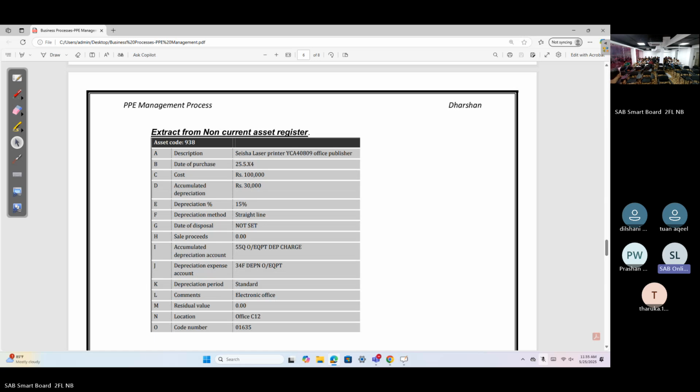Code number. Likewise, all the information related to the fixed asset must be included in the FAR. Okay, simple, not that complex. FAR must have these details.